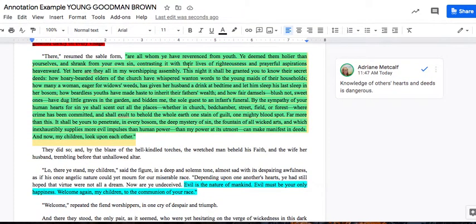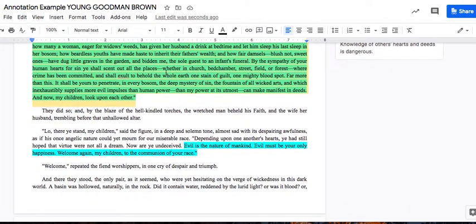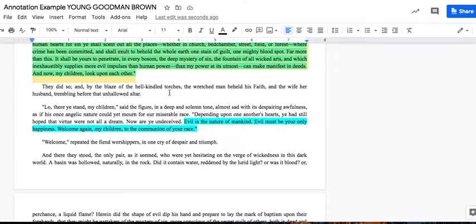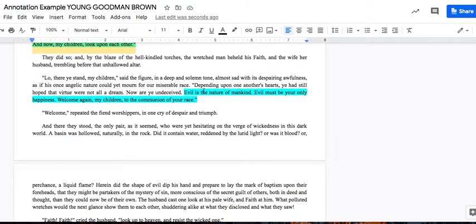This is where the devil explains shall exult to behold the whole earth one stain of guilt, one mighty blood spot. If I were writing an essay, I would be pulling in more of these details because there is definitely more here. Evil is the nature of mankind. Evil must be your only happiness.